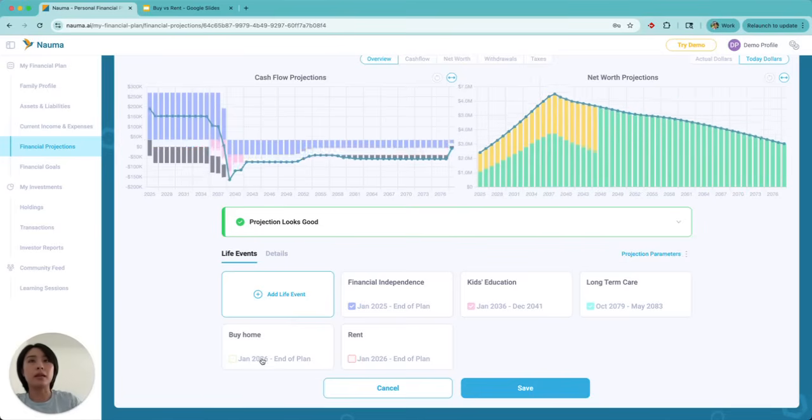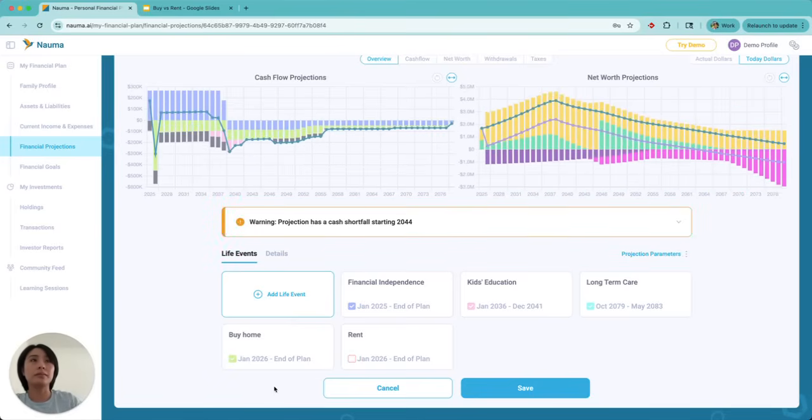On the other hand, if we say we buy a home, there are some issues here. Same as before, when they retire, they start to withdraw from their taxable account. But the issue is they use some money to pay for the down payment and also to pay for the mortgage. They are a little low on liquid asset.